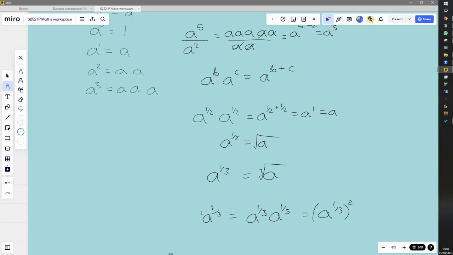And we know that a to the power of a third just means the cube root. So a to the power of 2/3 would just be the cube root of a, squared.